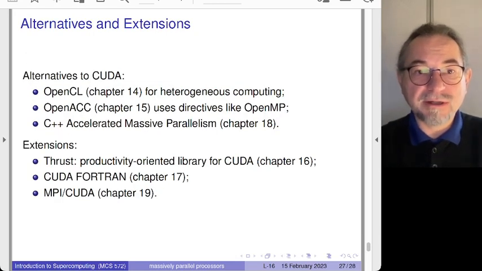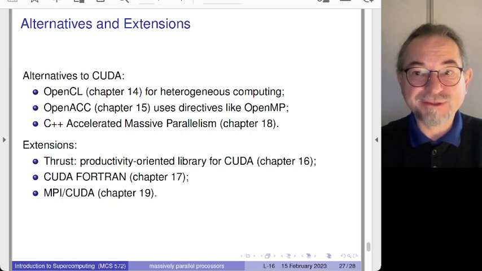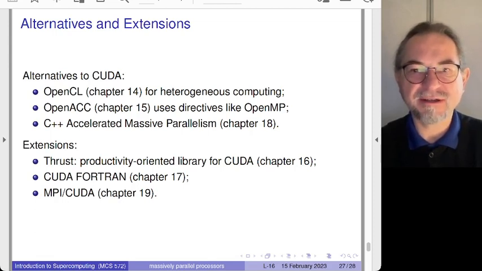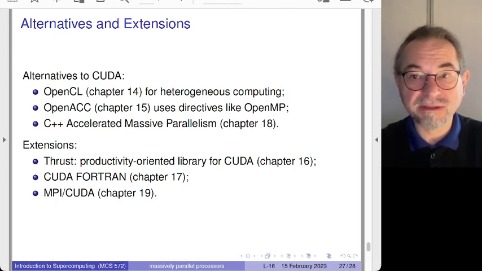Okay, so there are many alternative computations. There is the Open API that I mentioned in the previous lecture. I have not listed it here, but that is one of my to-do things. I'm following here the textbook. OpenCL is still a standard for heterogeneous computing, although it may not be so widely supported.